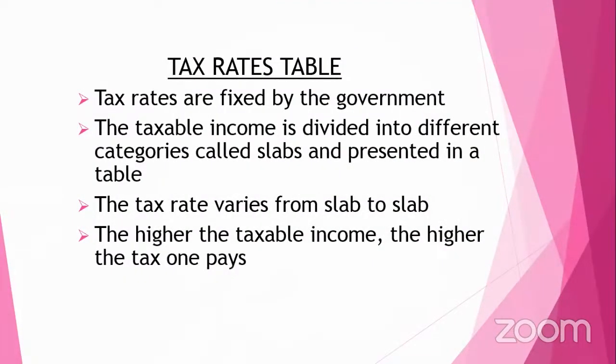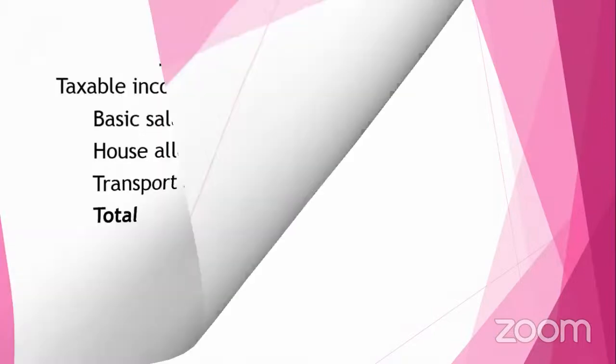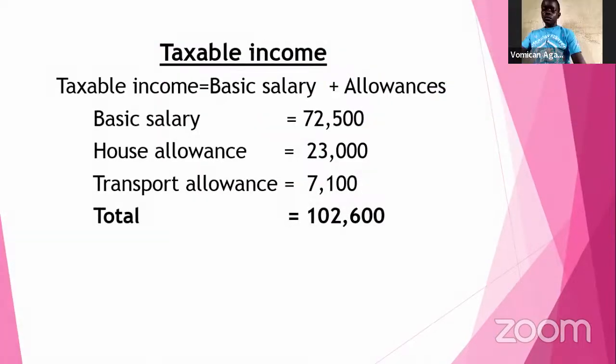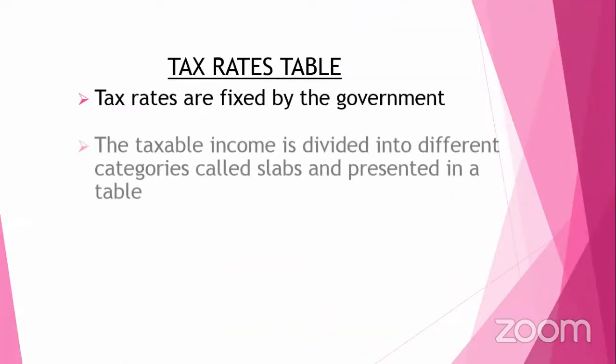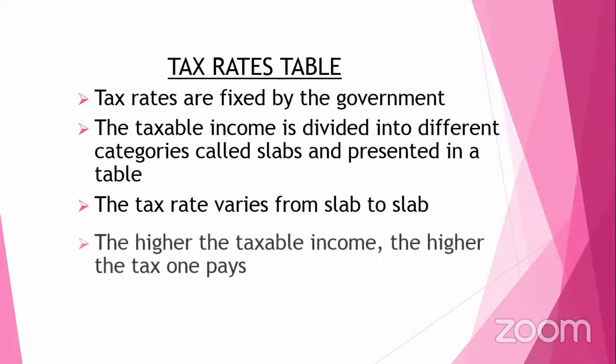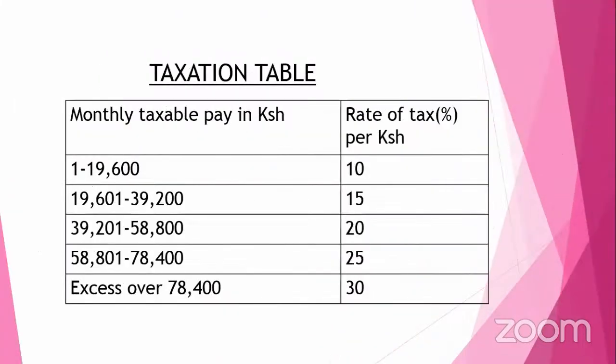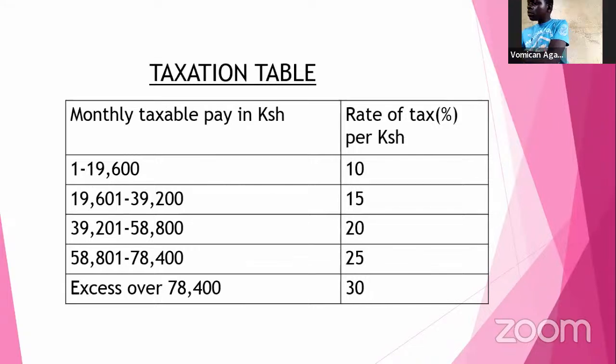This 102,600 is the taxable income. Tax it using that table so that we arrive at the gross tax. Just 2 minutes because it's not a long process.